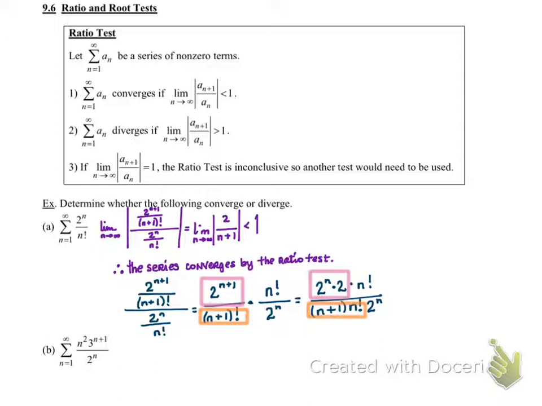Okay, so things cancel here. 2 to the n cancels with 2 to the n, and n factorial cancels with the n factorial. So all you're left with is that 2 and that n plus 1, which is what we had up there. Okay.